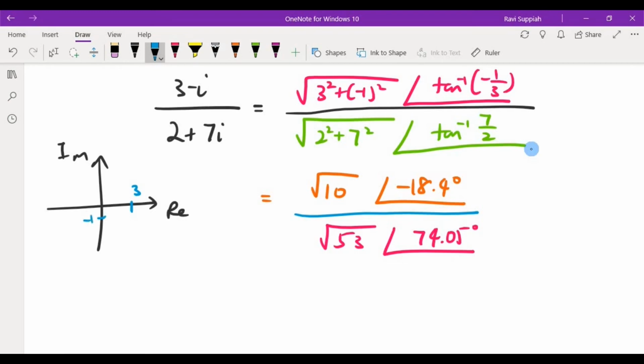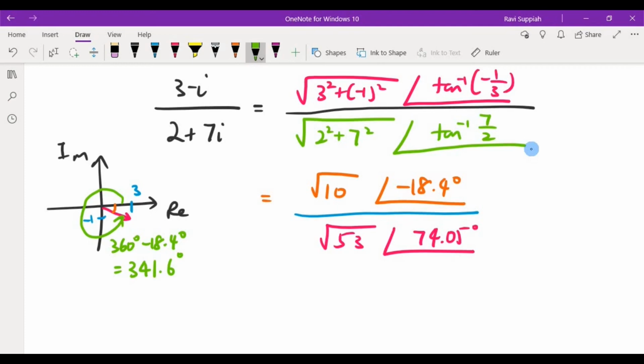So the complex number lies in this quadrant, which means the theta was actually this, correct? Now the negative 18.4 is this, and that implies that the real theta that we must use is this angle here, which is 360 degrees minus 18.4 degrees, which equals 341.6 degrees here.